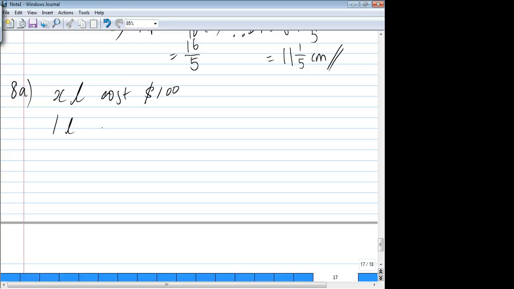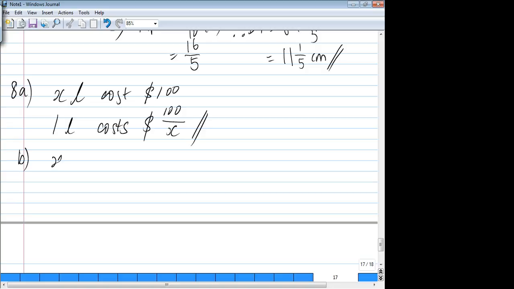So 1 liter cost 100 over X. This is part A. In part B, he was able to pump X plus 1 liters. He can pump more this time for the same amount of money. That means it's cheaper, isn't it? It is now cheaper. Okay?